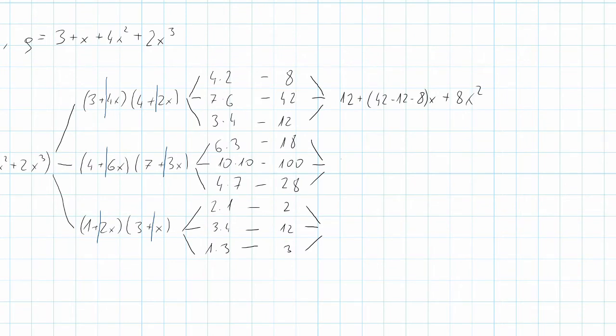Here the same is 28 plus 100 minus 18 minus 28 x plus 18x squared, and here the same is 3 plus 12 minus 2 minus 3 x plus 2x squared, and of course we can easily compute this.